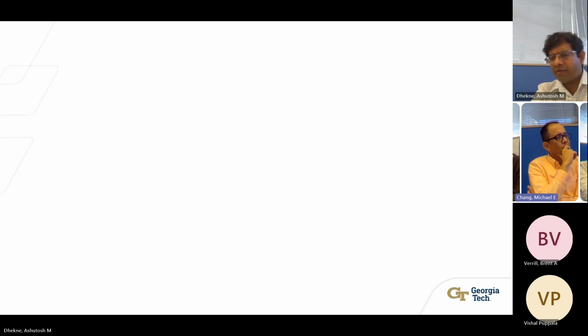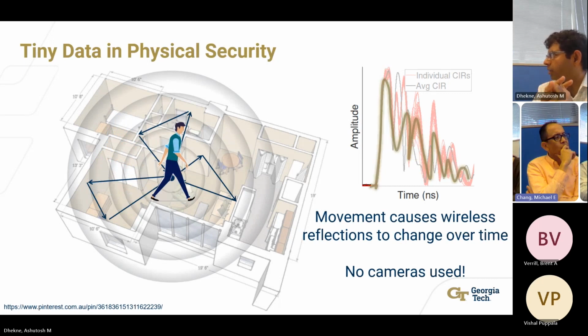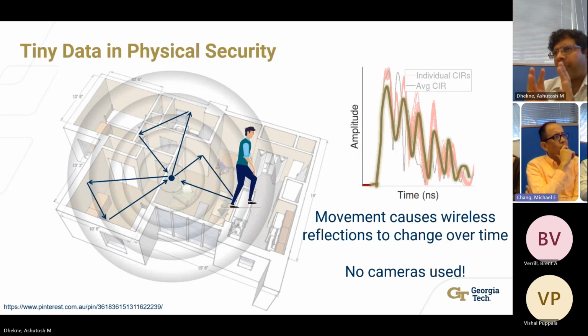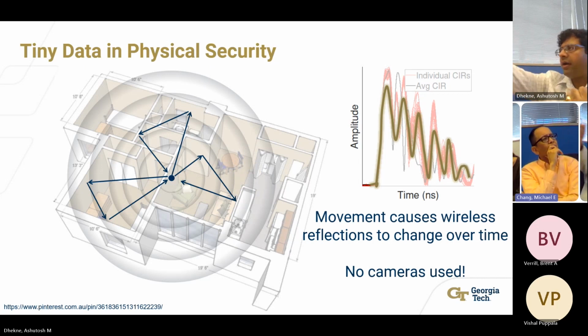Let me go over the next few in a bunch, so that you can open it up for questions. What are we talking about here? We are talking about wireless signals that go and reflect from walls and different objects in the room and so on. If there is nothing moving in a house, the pattern that we see must remain stable.